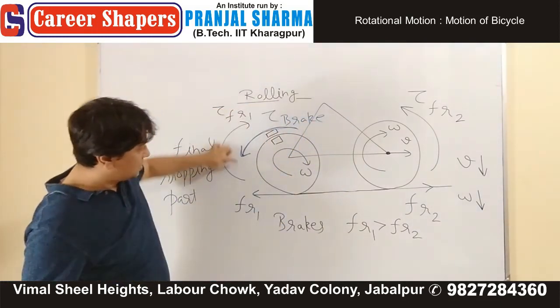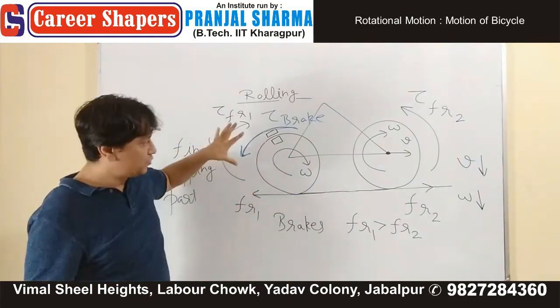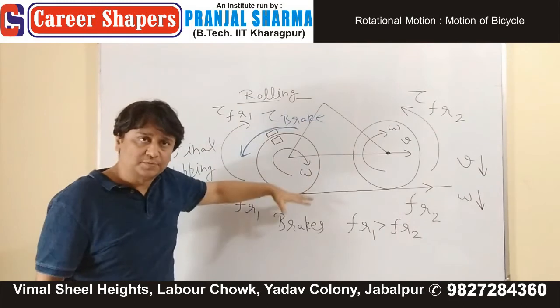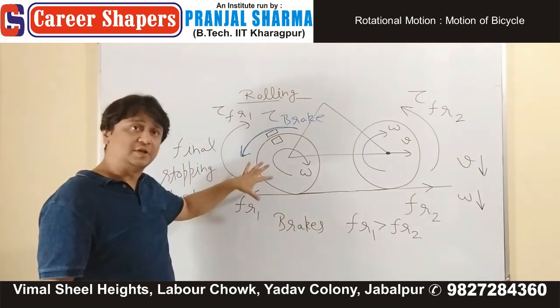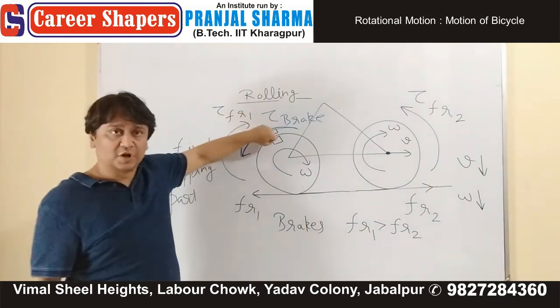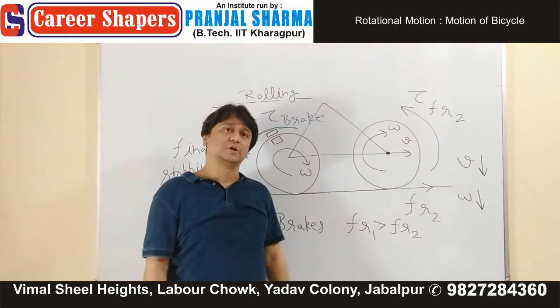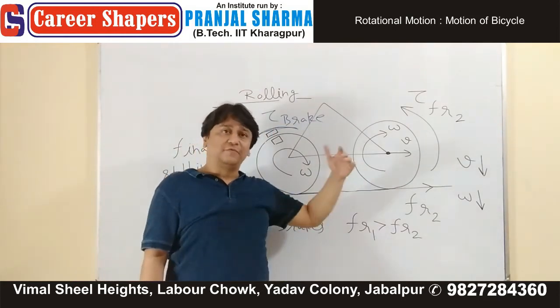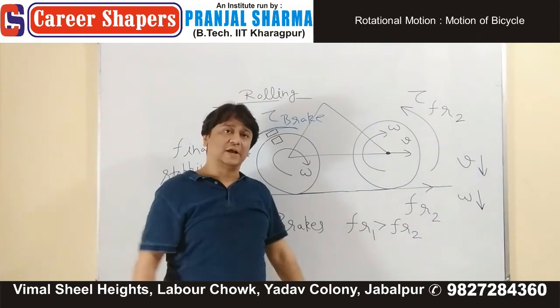This torque opposes omega, and therefore this rear wheel stops. FR1 is trying to help this thing. इसलिए आपने इसको इतना हार्ड पुश किया हुआ है कि आप इस चीज को क्या कर सकें? रोक सकें. And finally, your bicycle comes to rest.